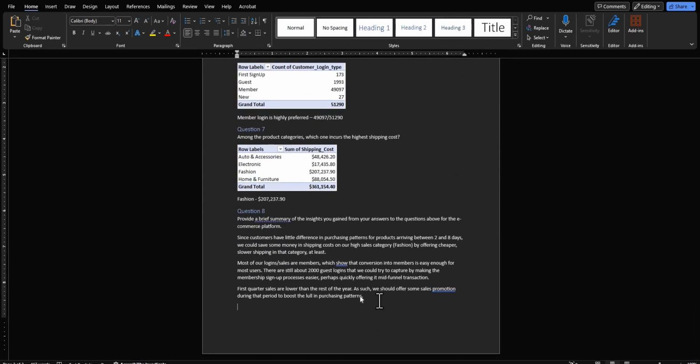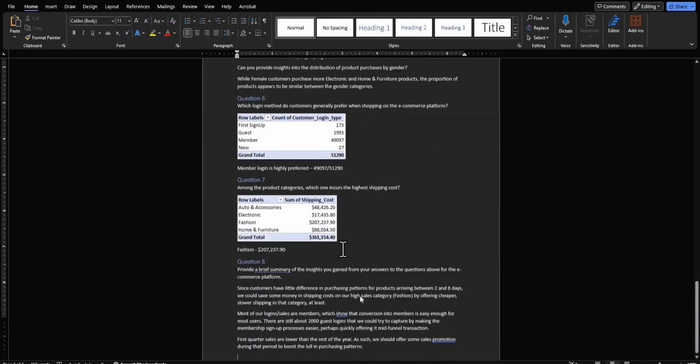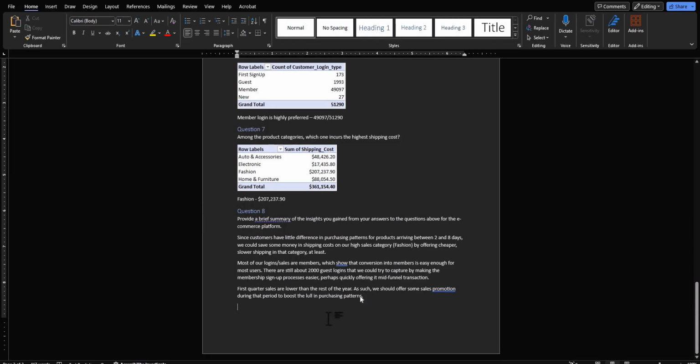Also come in here and say, male and female customers seem relatively equal in their purchases of fashion.